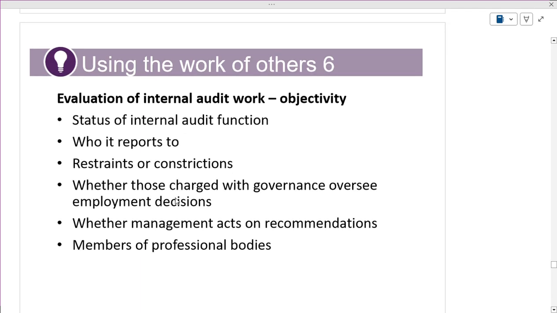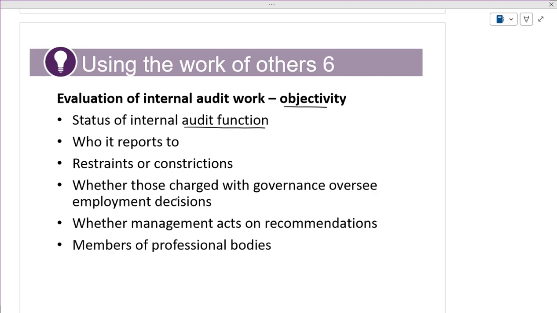What is the evaluation of audit work? What is the objectivity and status of the internal audit function? Internal auditors can work as an expert also, subject to conditions: how they are going to delegate things, how capable and competent they are, and their objectivity.